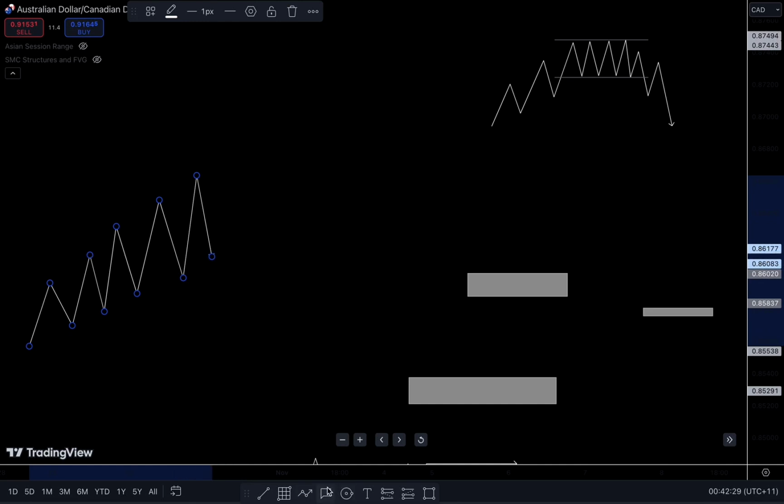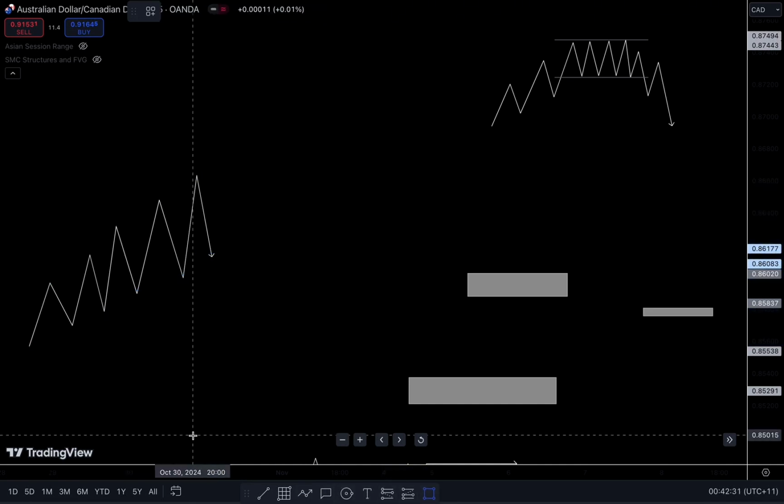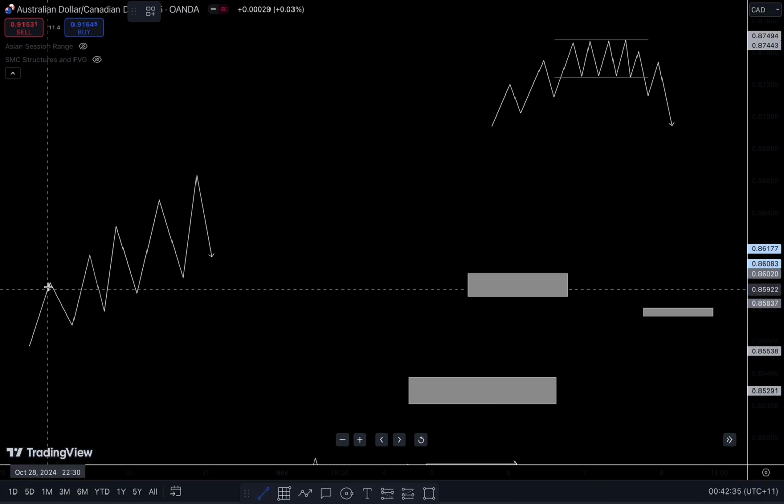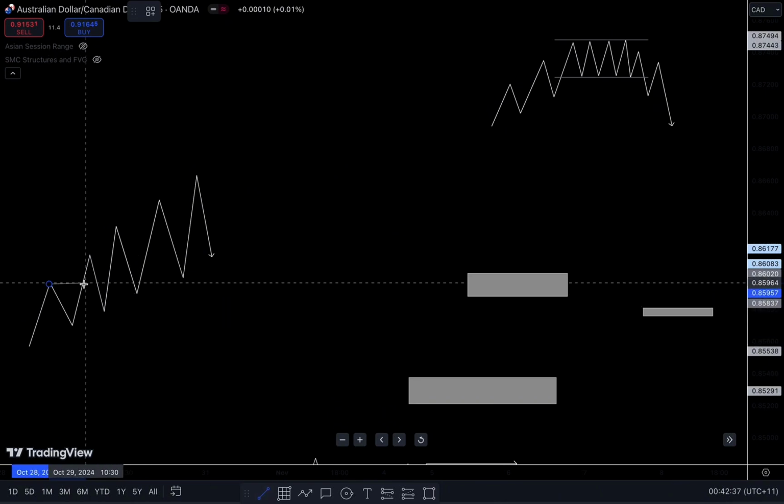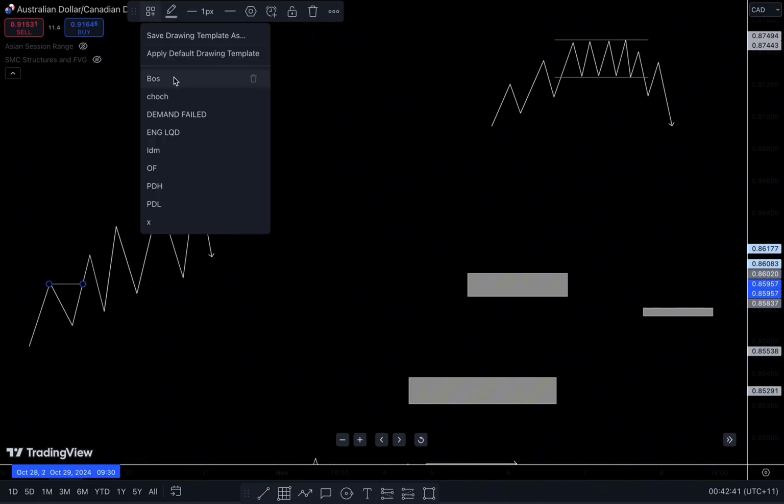When price makes a new break of structure, we call this break of structure BOS.